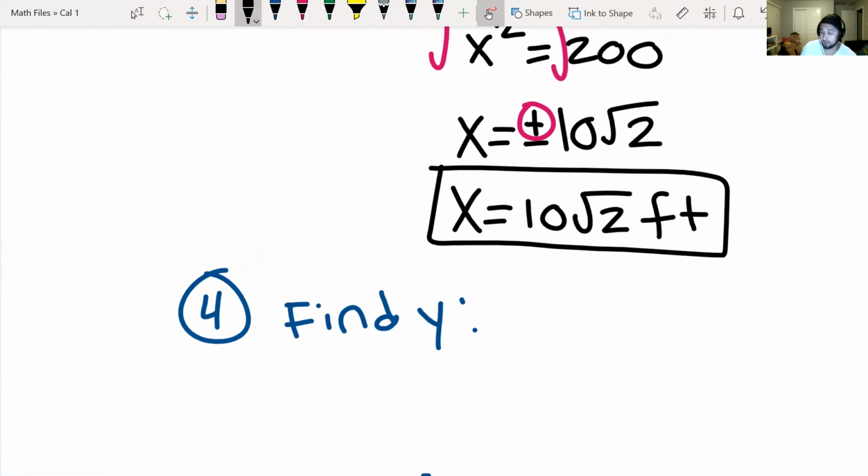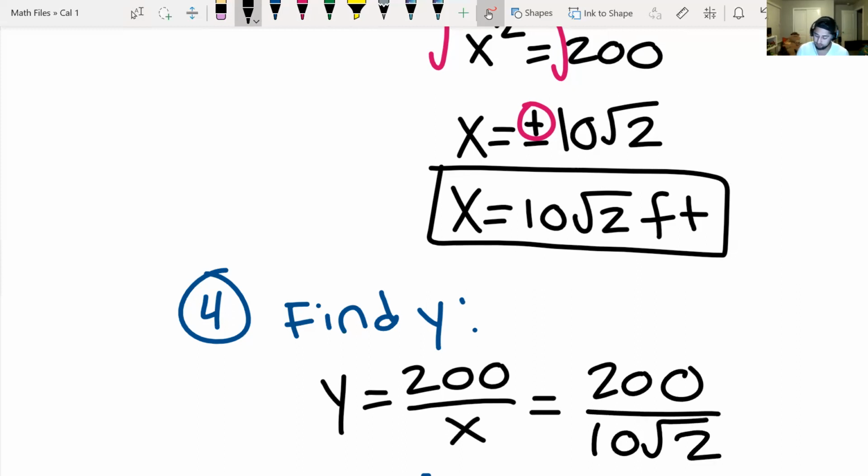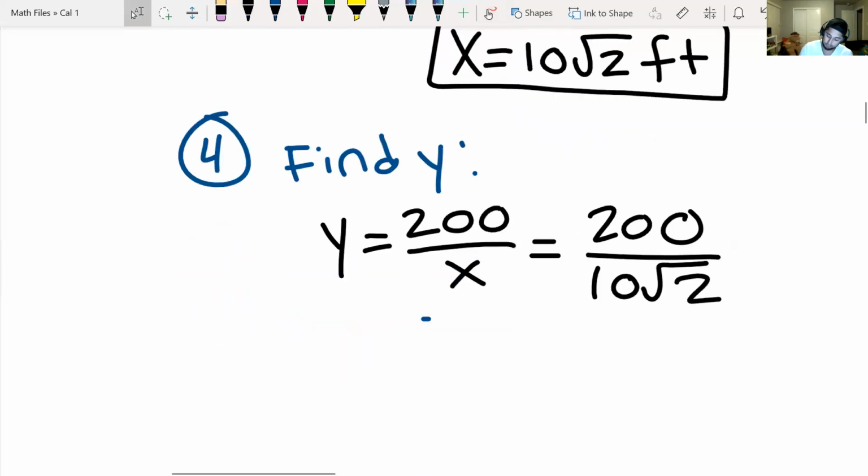So again, I'll rewrite the equation. y is equal to 200 over x. And we know that x is 10 square root of 2. So I get 200 over 10 square root of 2. Plug that into my calculator.